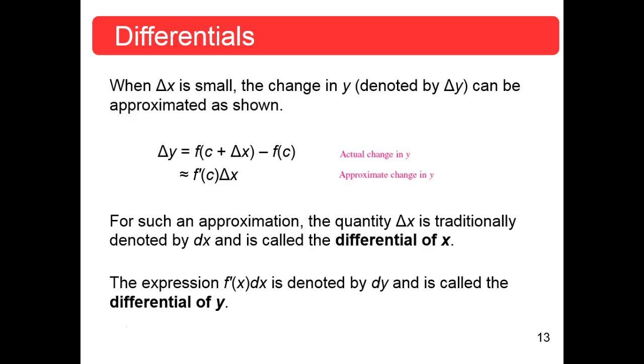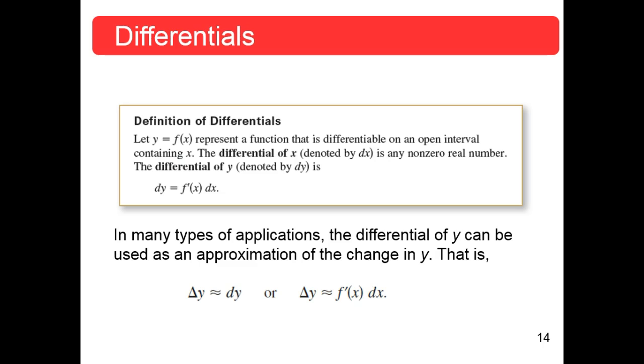Okay? Now, this is the part that gets to be a little squirrely. Here it is. Definition of differentials. Let y equal f of x represent a function that is differentiable on some open interval containing x. The differential of x, denoted by dx, is any non-zero number.